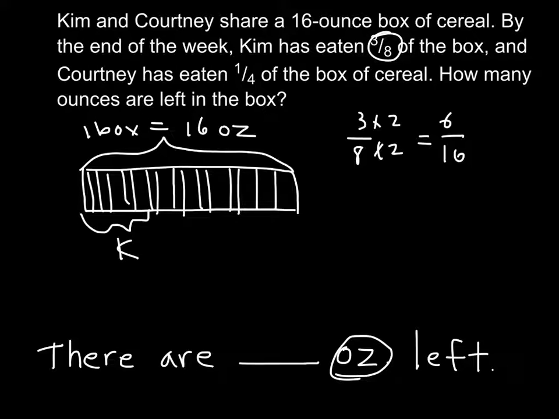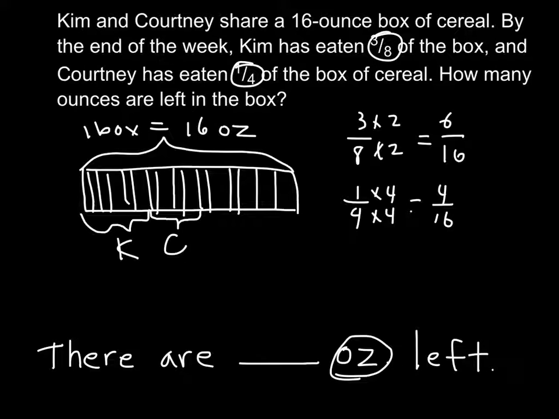And then 1/4 of 16 is going to be 4/16, because I have to multiply both the numerator and the denominator by 4. So I'm going to mark off another 1, 2, 3, 4 16ths that Courtney has eaten.